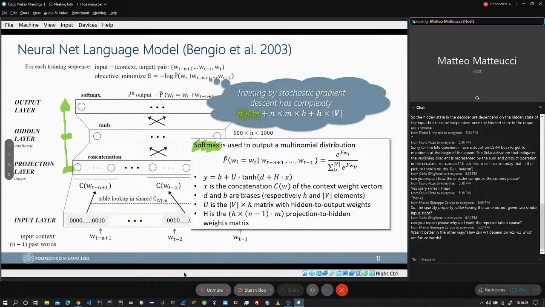Then you have n times m times h, which is this dense layer here. This is the second element. And then you have another h times the size of the vocabulary, which is basically the dense layer to the softmax. So these are the things.